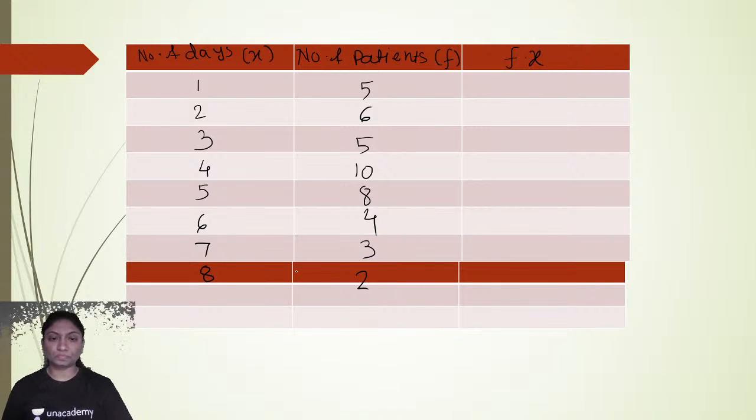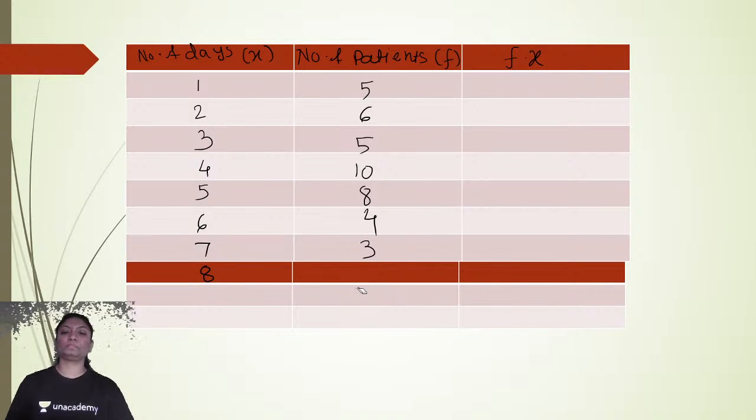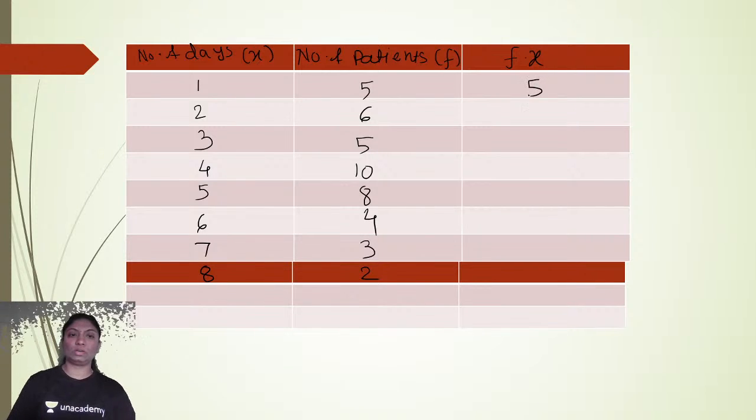Then f into x: simple calculation: 5 12 50 40 54.